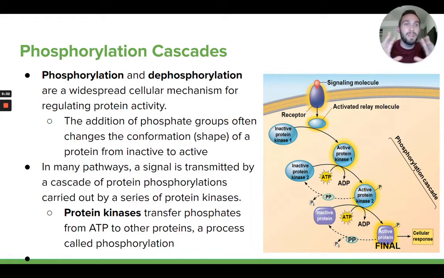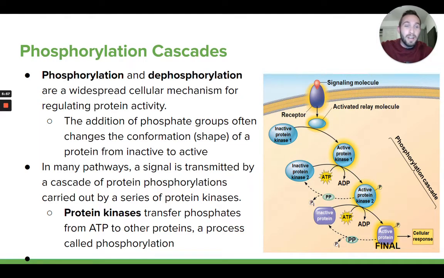Anytime something binds to a protein, this is a common theme we've seen all year, whether it's enzymes or other proteins, they're going to change conformation, change shape, and sometimes they change into their active shape, where they now start doing their job, and sometimes they change into their inactive shape, where they're not doing their job. And phosphorylation is one common way that takes place.